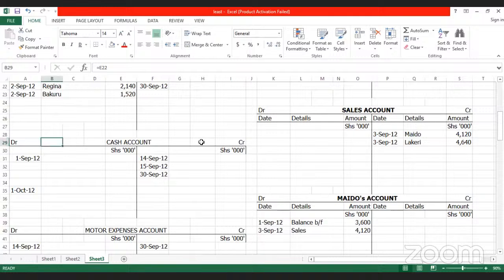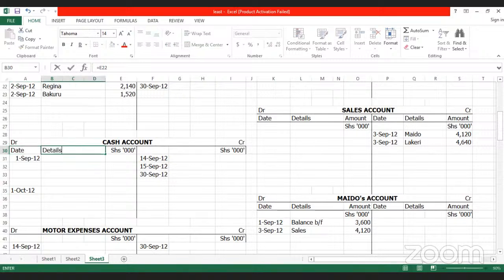Please prepare them in your books, the motor expenses account and then the cash account, as I'm also trying to come up with my accounts here. So dates, details, and then amounts.